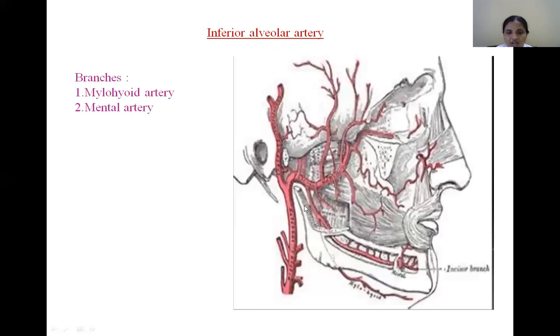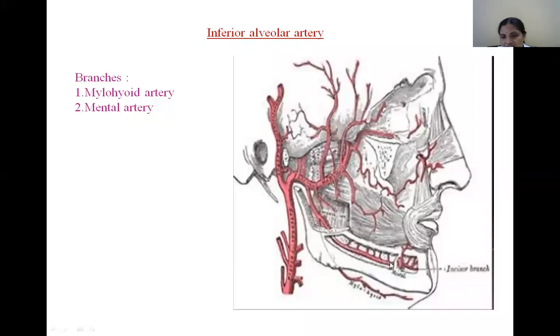Then the inferior alveolar artery. See, the inferior alveolar artery is one more important branch from this first segment of the maxillary artery. It appears within the mandible after passing through a canal. This is the mandibular canal. The inferior alveolar artery, as it enters this mandible, provides branches to the teeth of the lower jaw.